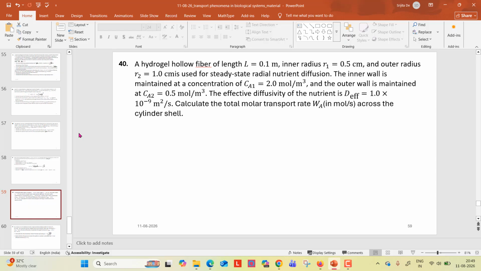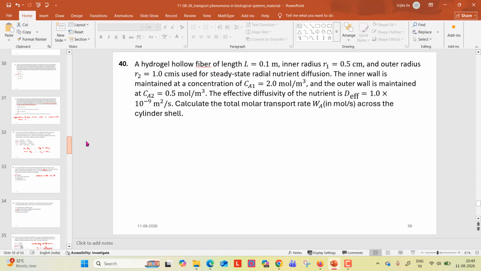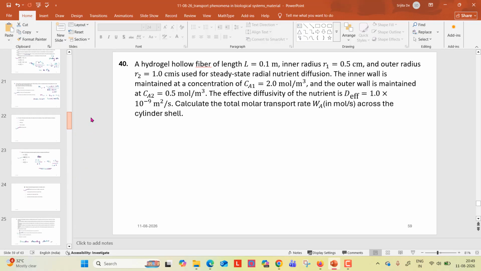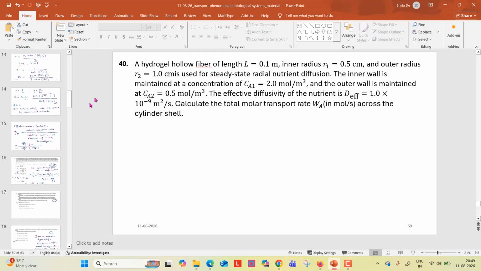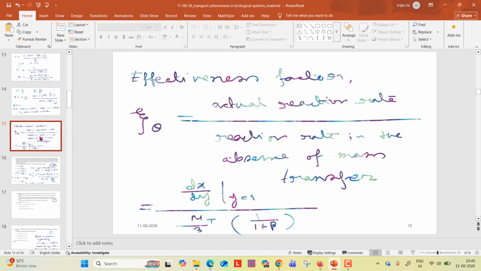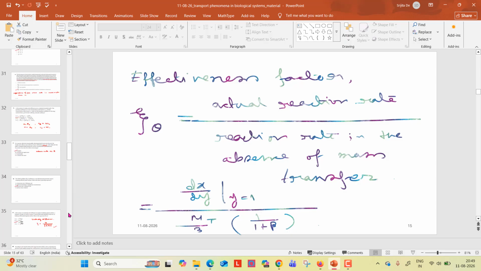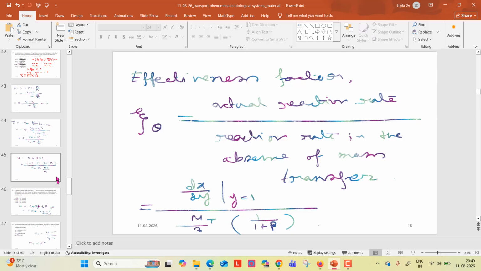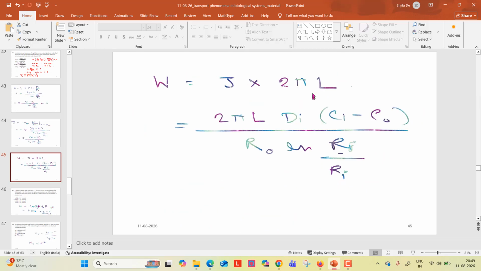There I have made a single mistake, then you will understand why it is like that. The outer surface area of a cylinder is 2 pi R L, where R is the outer radius, R0. If you multiply, R0 will cancel out, so it is the same.